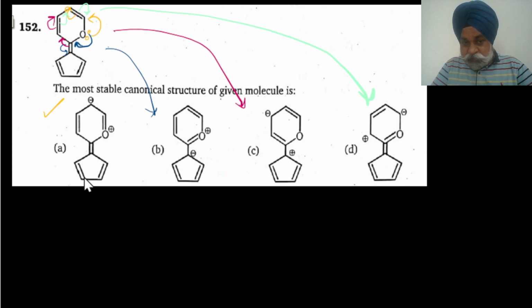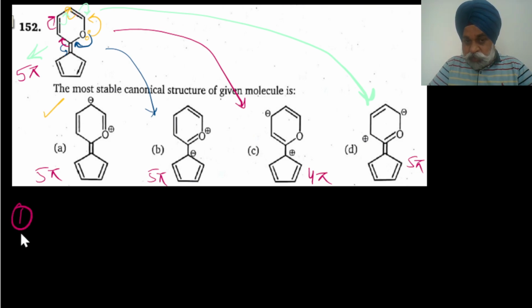Now in this case, if you look at the first structure, here you have 5 pi bonds, isn't it? And here also you have 5 pi bonds, here also 5 pi bonds, and here you would get 4 pi bonds and 5 pi bonds. So if I keep to the first point, that the more the number of covalent bonds, the more the stability, then A, B, D would be the right answer, and we have to select one among these.